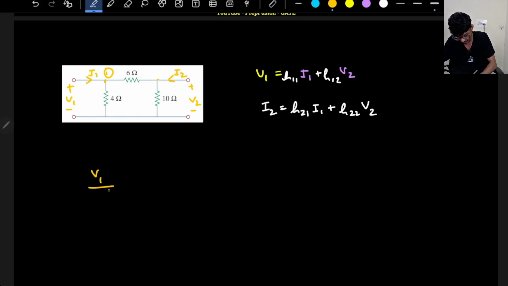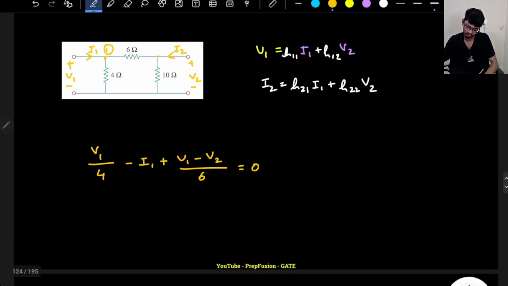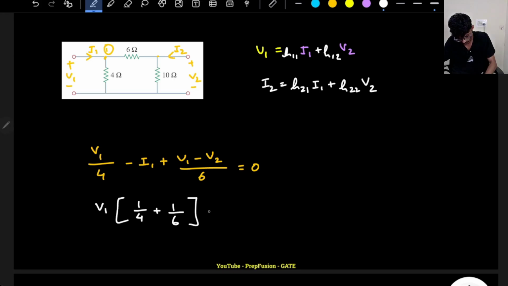So if I apply KCL here and here, in the first position it will be v1 divided by 4 minus i1 plus V1 minus V2 divided by 6 equal to 0. So this will be V1 divided by 4 plus 1 by 6, minus V2 divided by 6, equals I1.